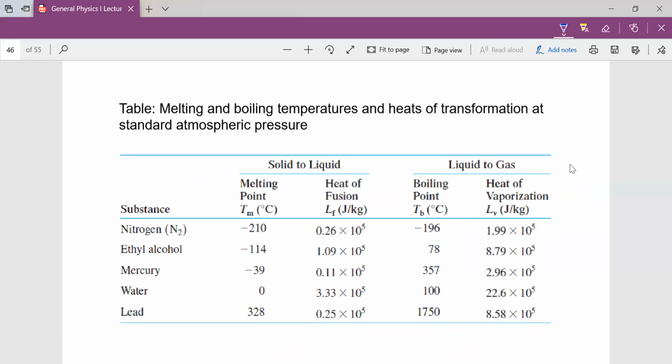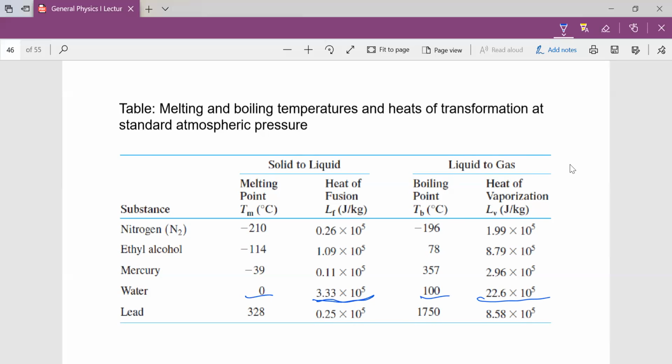We see that for water, melting is at 0, and the heat of fusion is given to be 3.33 times 10 raised to the power 5 joules per kilogram. We have also the boiling point for water to be 100, and the heat of vaporization to be 22.6 times 10 raised to the power 5 joules per kilogram.